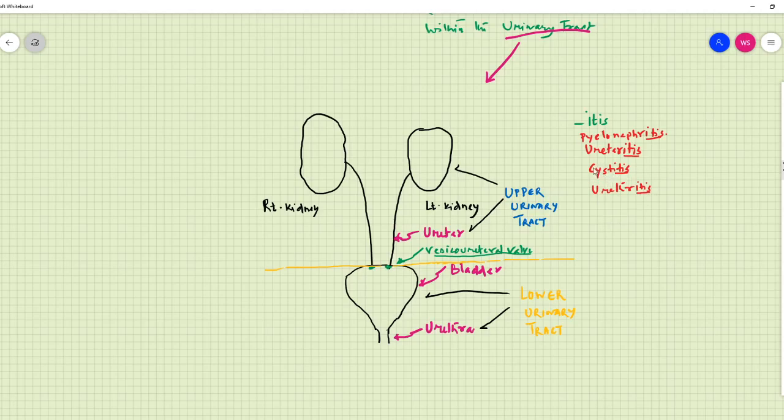Okay, so these are inflammation of the lower urinary tract, and these are inflammation of the upper urinary tract. Okay, so this is our urinary tract.